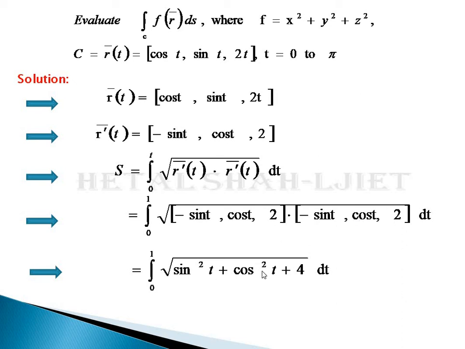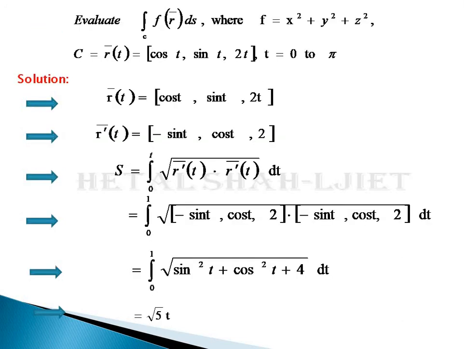Sin square t plus cos square t is 1, and 1 plus 4 is 5, so root 5. So root 5 t, because the square root of 5 is constant and the integration of 1 with respect to dt is t, by applying the upper and lower limits, that is t only. So root 5 t. Students, this is the formula for arc length.